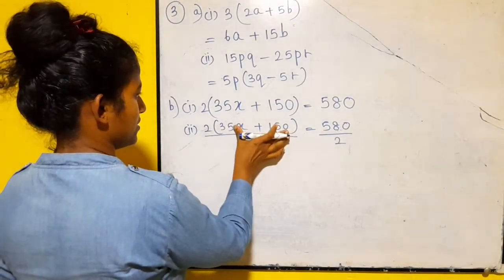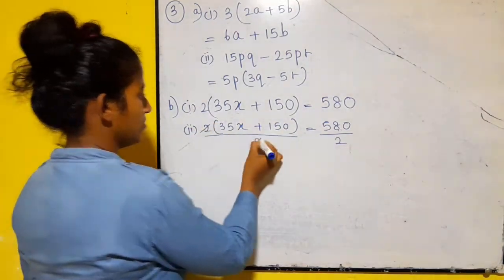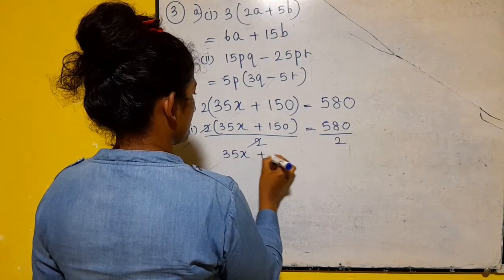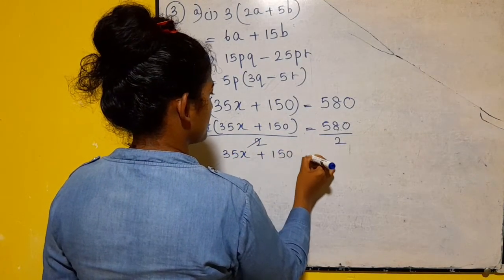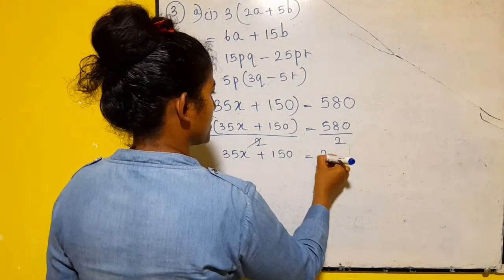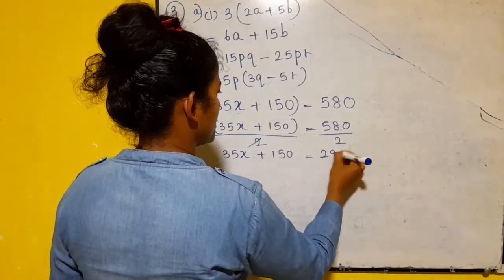This expression inside the bracket is multiplied by the number outside the bracket. 2 and 2 you can remove. 35x plus 150 equal to, divide this by 2. 2 times 2 is 4. Then for 18, 2 times 9.